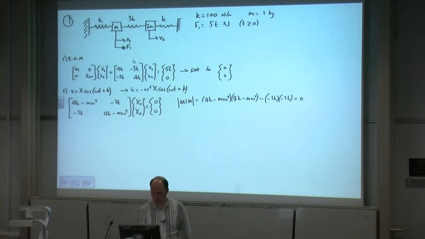I'm going to skip a few steps, but if you go through the maths, this is what you should get: 2 m squared omega to the power 4, minus 12 m k omega squared, plus 7k squared.